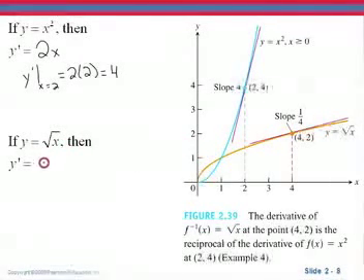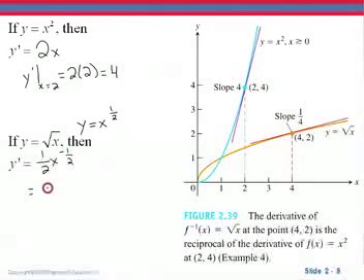Now just to show that that is true, if we take this, and remember that this is the same as y equals x to the 1/2, we need to think about root functions as power functions in order to apply the power rule. That would be 1/2 x to the negative 1/2. And x to the negative 1/2, of course, is the square root of x in the denominator.